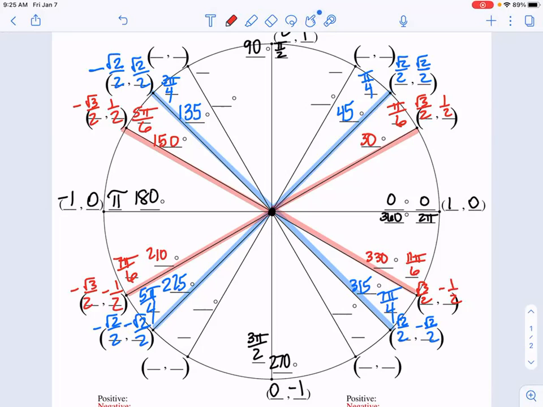Do you notice that? Oh, that's so great. All of these angles are 30 degrees away from the x-axis. All of these angles are pi over 6 away from the x-axis. And all of those radian measures are something pi over 6. Okay, what do you think I'm going to ask you to do next?